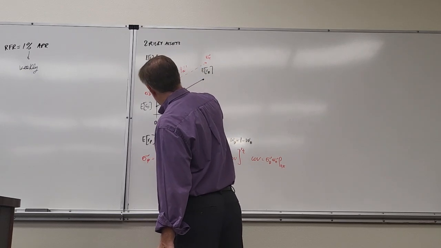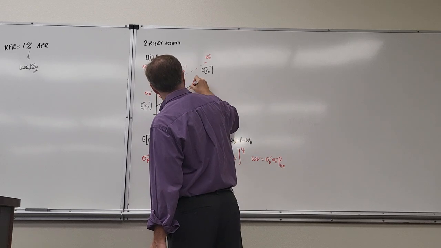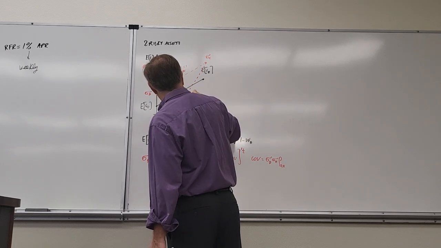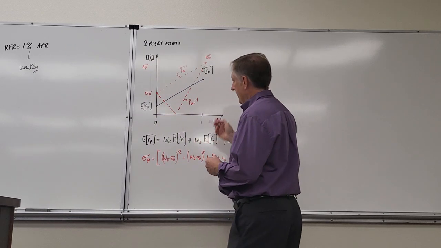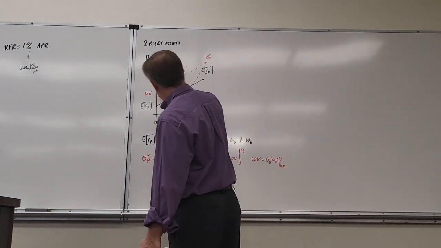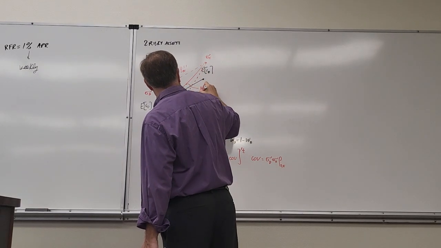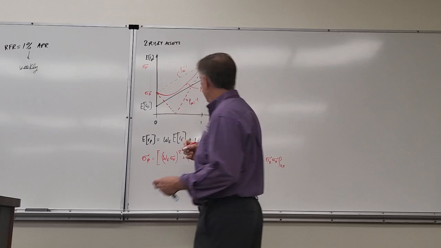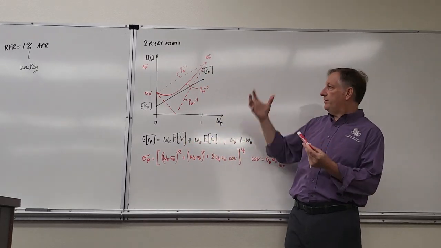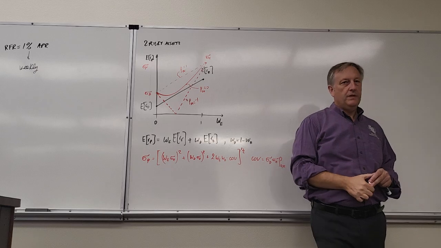If it's -1, you get something like this. And anywhere in between, you get something that looks like a curve. So the lower the correlation, the more it's like grabbing this thing at some point and pulling it down.